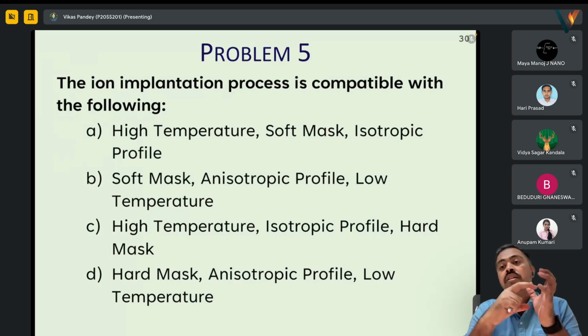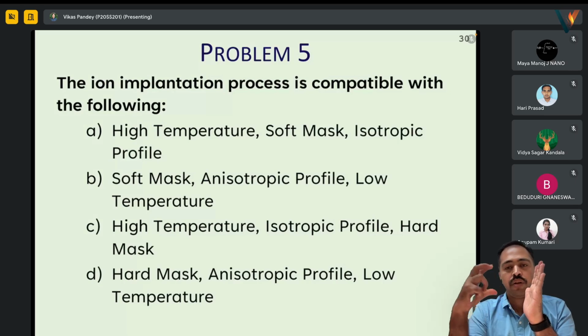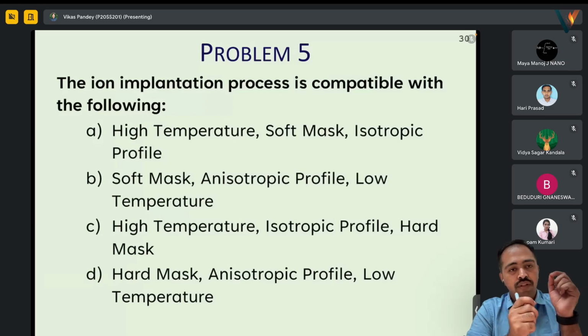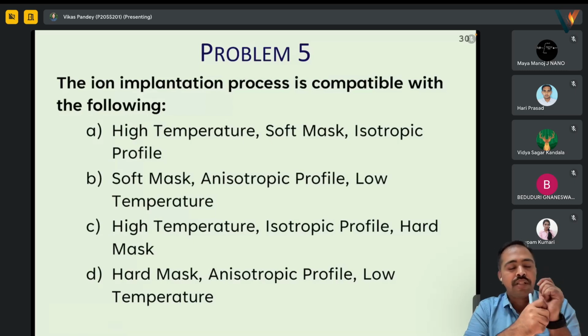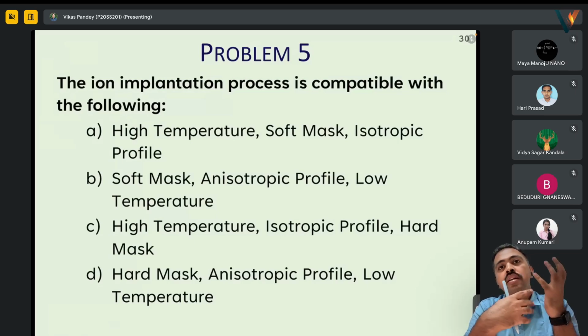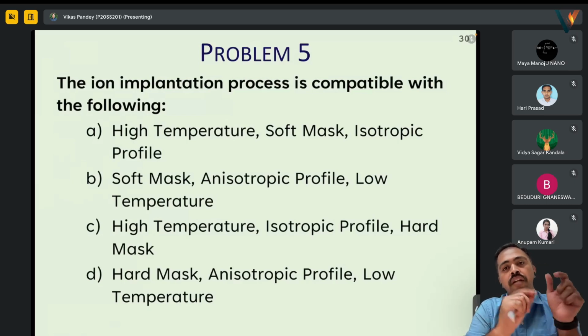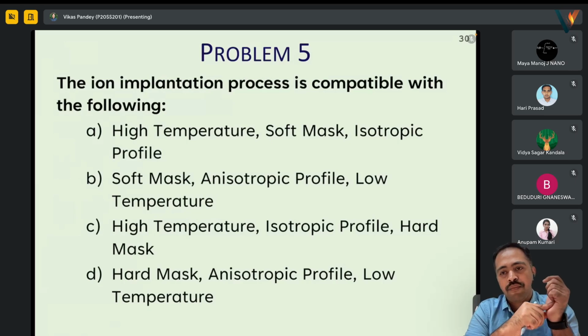That holder itself is heated. There can be a heater below that holder, like a metal holder on which you are putting the wafer or fixing the wafer using some screw or some clips, and the holder itself is getting heated because there is a heater put inside, with a temperature control.